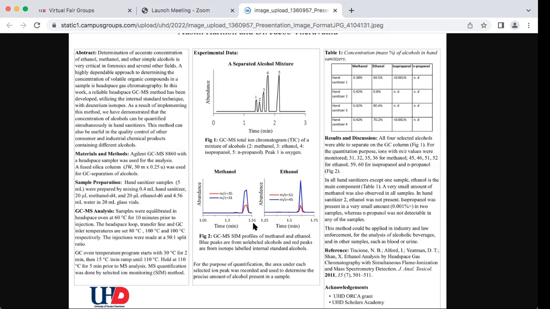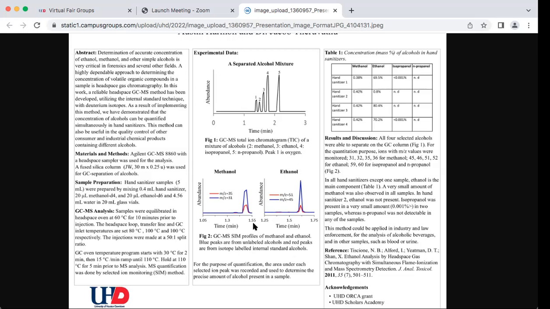And we just repeated the same process over and over again for four samples. So overall, the outcome of the experiment showed that all of the labels on the hand sanitizer products were shown to be true, and that hand sanitizer number 1, 3, and 4 were shown to contain the percent ethanol that was claimed on the label.